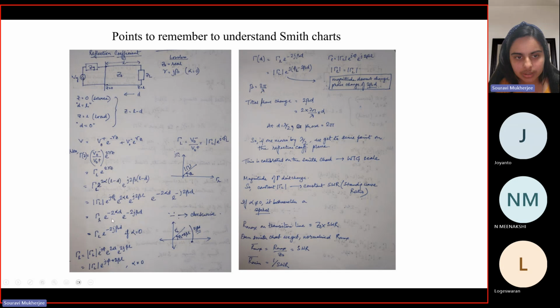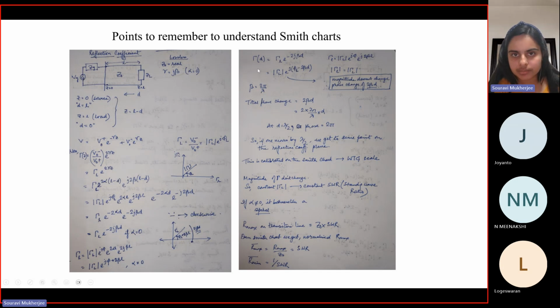Now this term here depends on D, while here the subscript is capital L and here it is small l. So you can write a relation between the two, but both of these do not differ in their magnitude. You just have these extra phases coming in, and the magnitude will be the same.